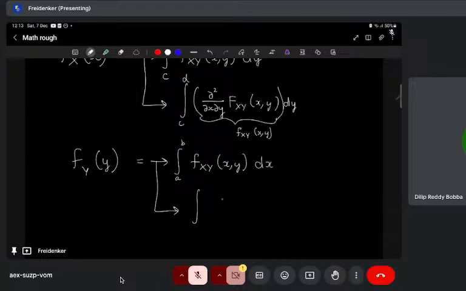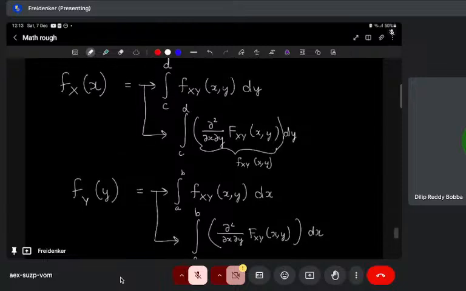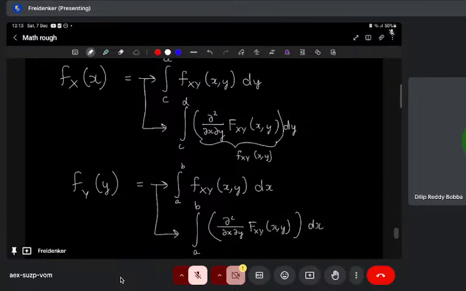You find the PDF this way. You have to differentiate your joint CDF function. So this is your PDF. Same story. Now integrate with respect to x across its entire range. So this is how you find the marginal density of x and y.